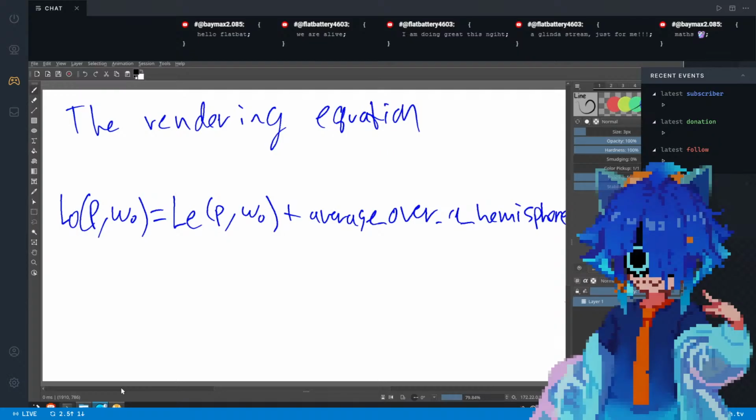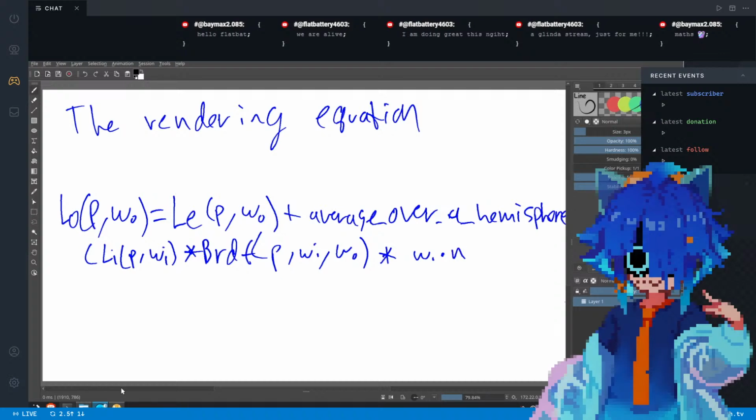In the normal rendering equation, you're going to get an integral there, but the integral just says average over a hemisphere of the incoming light at that point in an incoming direction times the BRDF at that point, considering the incoming and outgoing directions, times the dot product of the incoming direction with the normal of the surface.